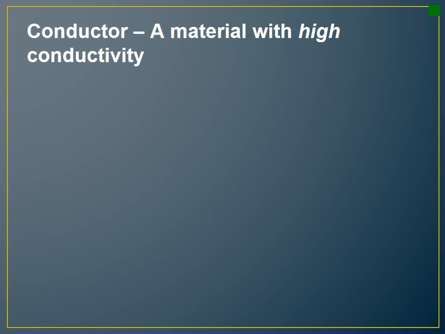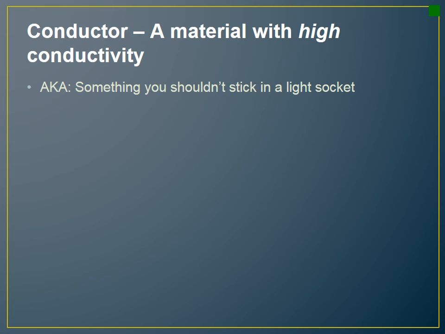The type of material that has a high conductivity is known as a conductor, where the electrons can move easily around the atoms from one atom to the next. Another way you can think of this is something you shouldn't stick into a light socket because you would electrocute yourself.